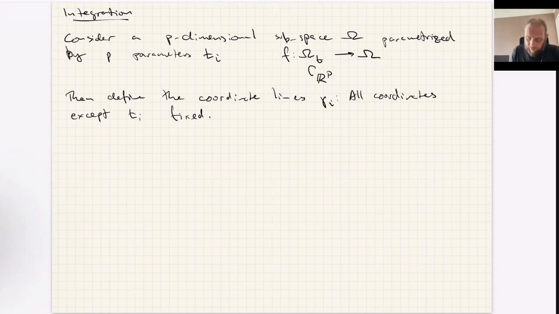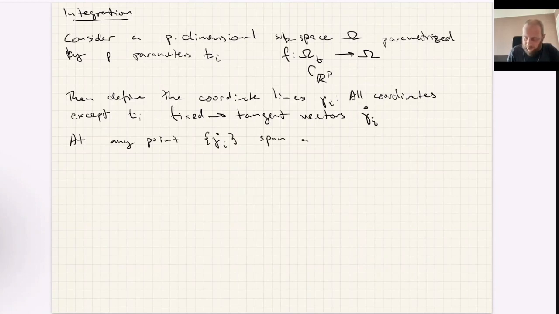And so a curve has a tangent vector. And as usual, we just denote those with a dot, in comparison to the curves themselves. Now at any point, this set gamma dot i spans a non-degenerate parallelogram, right? Because otherwise I would have degenerate coordinates.